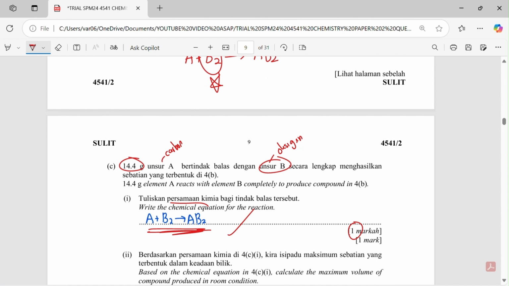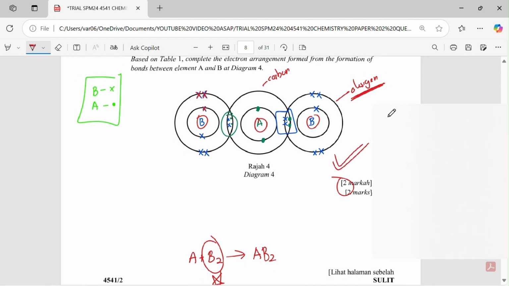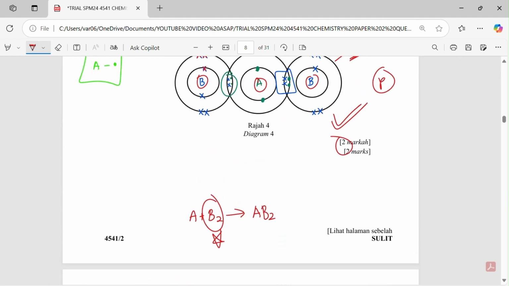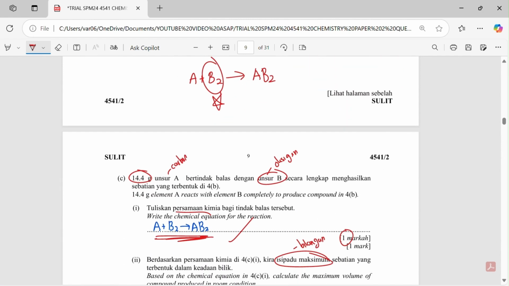Okay. Berdasarkan persamaan kimia, kira isi padu maksimum sebatian yang terbentuk dalam keadaan bilik. Now, to get your isi padu maksimum, you need bilangan mol of this sebatian, correct? Okay, for now I'm just gonna call this as sebatian P so that it will be easier. But you don't have bilangan mol for sebatian P. However, the question did give you jisim for unsur A. Now, from the jisim, you can get bilangan mol A, correct?